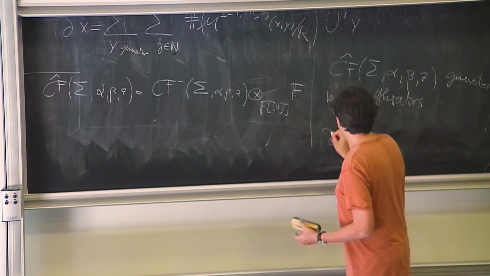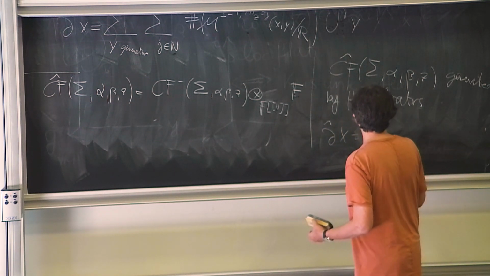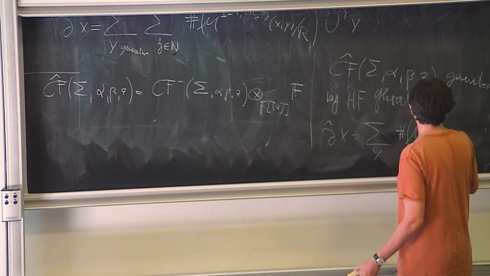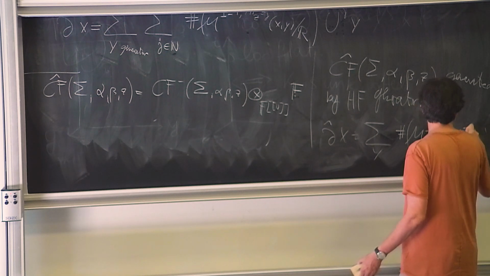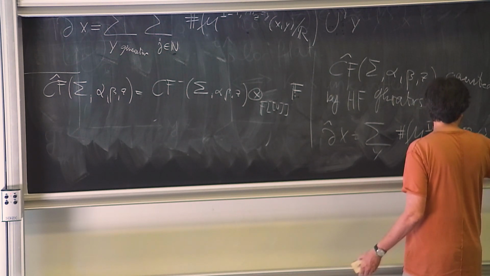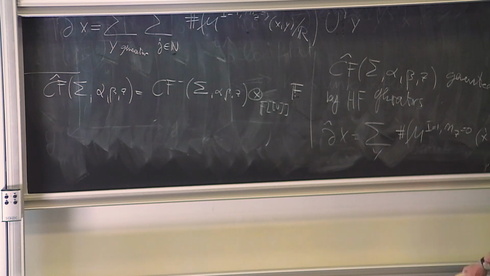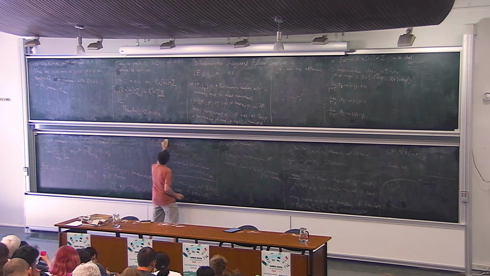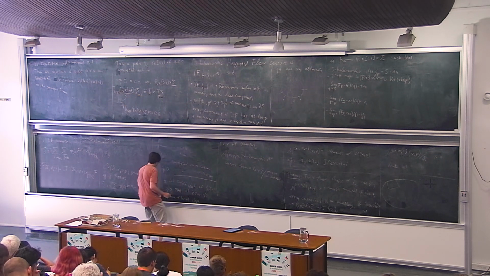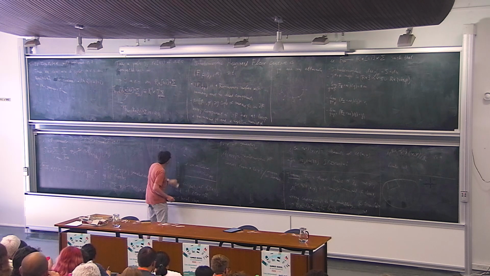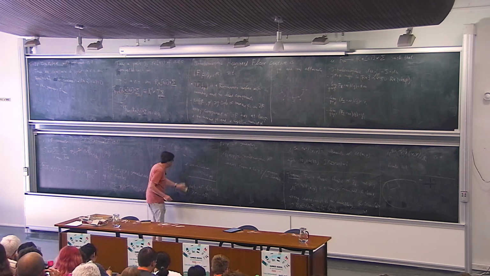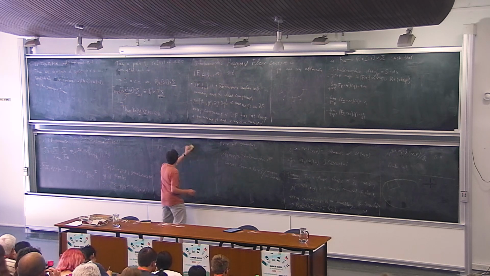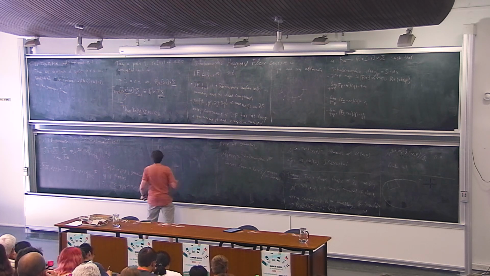So the boundary of x is equal to the sum over all y of the number of points in the moduli space of index 1 and n_z equal to 0 from x to y, times y.